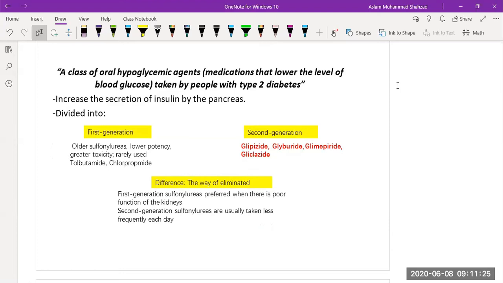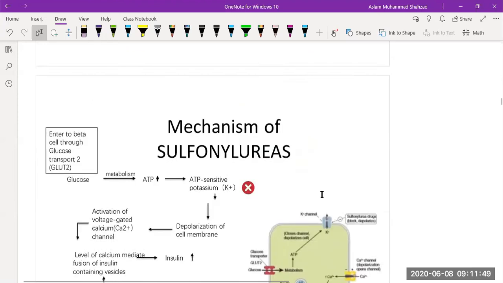The main difference is that the first generation is poor for kidney function, while the second generation is better at improving kidney function. In patients with renal malfunction, we need to be careful when administering these drugs. So the second generation is the better form of the first generation. That's the main difference between them.